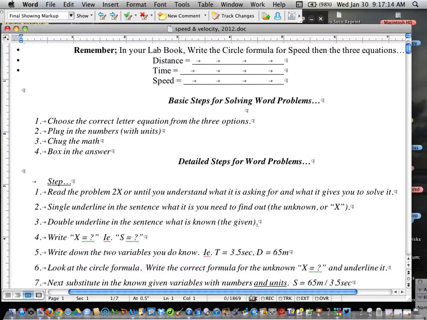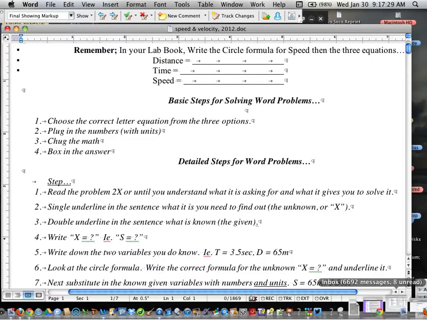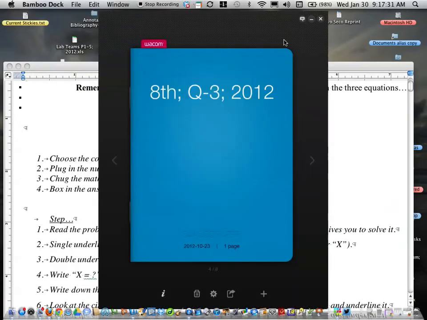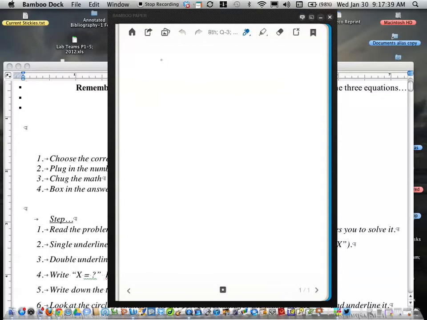So, in your lab book, you don't have room on the yellow sheet, but in your lab book, you're going to be solving the problems. These are distance, time, and speed problems. The basic formula for solving these problems is that you do a distance, speed, time circle formula.